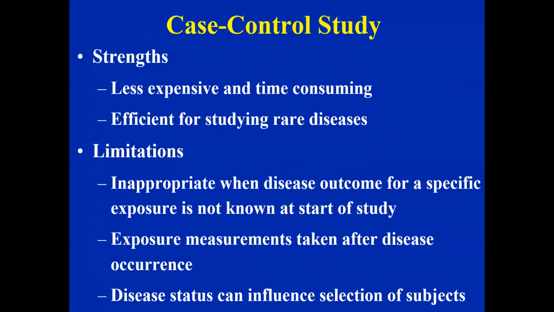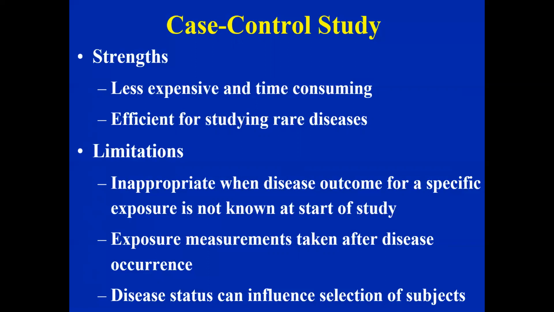Exposure measurements are taken after the disease has occurred. Remember, you select your study participants based on disease status. Because of that, you're measuring the exposure when the disease has already occurred. So you also have challenges in understanding the relationship between exposure and disease, which one started.